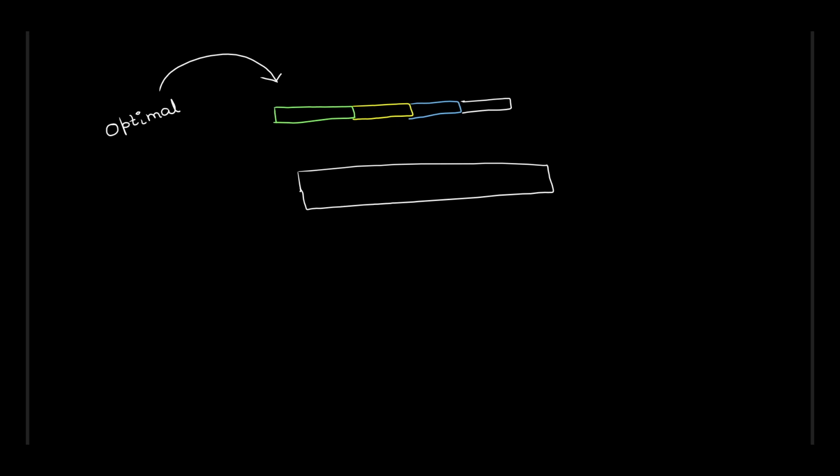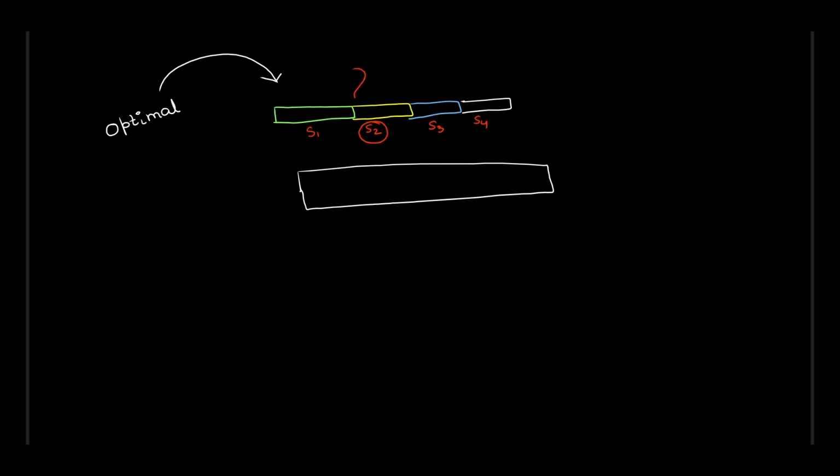If this is S1, this is S2, this is S3, and this is S4, then one of these has to be maximum. Assume without loss of generality that S2 is the maximum value.